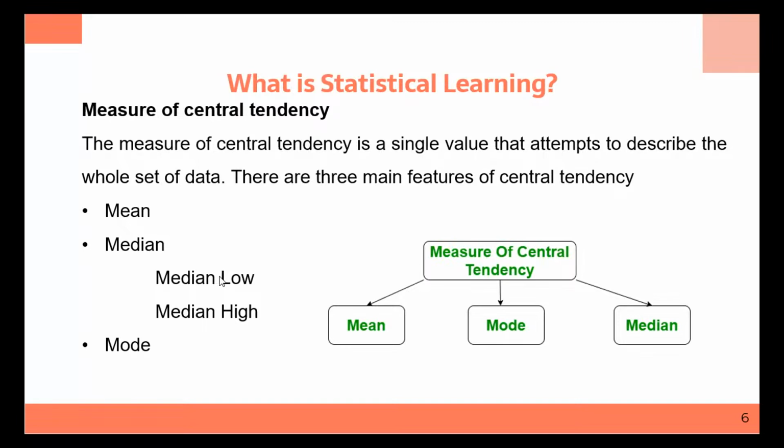When you have an even number, how do you pick the middle number? If you have 4 numbers, which is the middle number? Those 2 numbers will be the median low and median high. All right, so that way we'll study that. We'll go ahead.